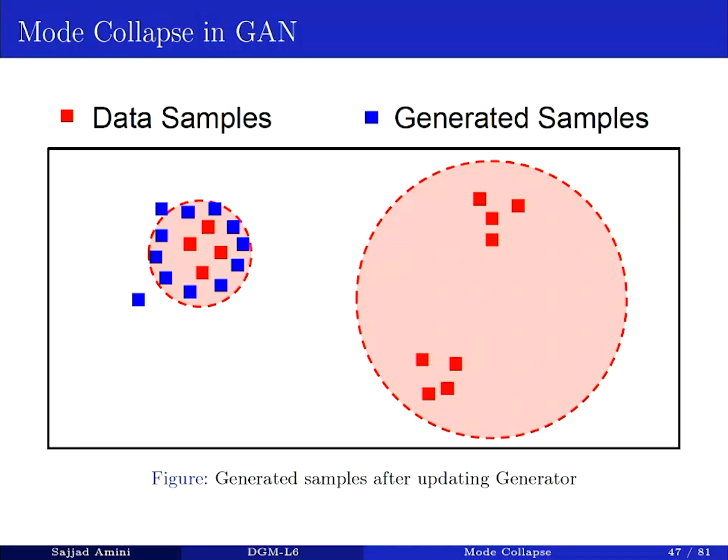Because if they continue this procedure, at the end, the boxes will be here. And the discriminator should have boundaries around each data point. This is the extreme case. This is not what happens in practice, but conceptually, this is the problem.